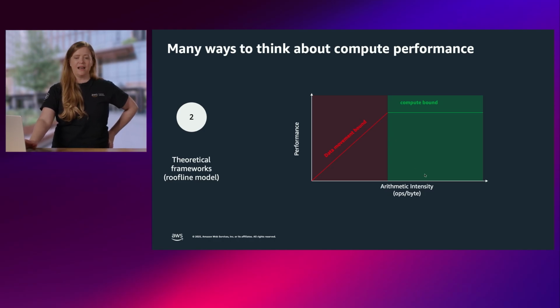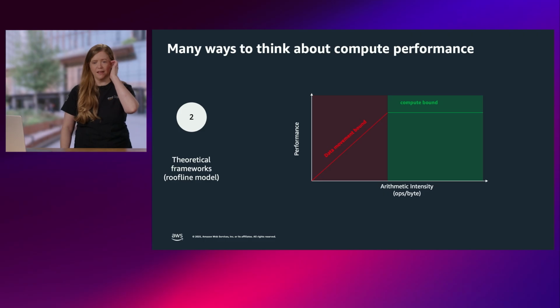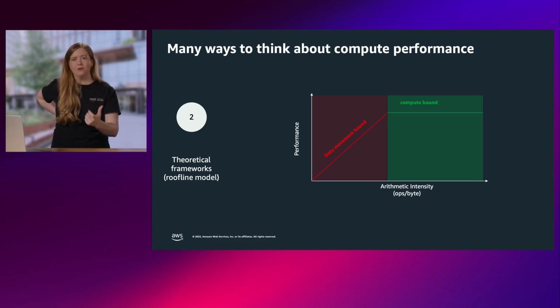On the x-axis down here, we have something called arithmetic intensity. Arithmetic intensity is an indicator for how intense a given workload is, so the number of operations you are attempting to execute per byte of data.